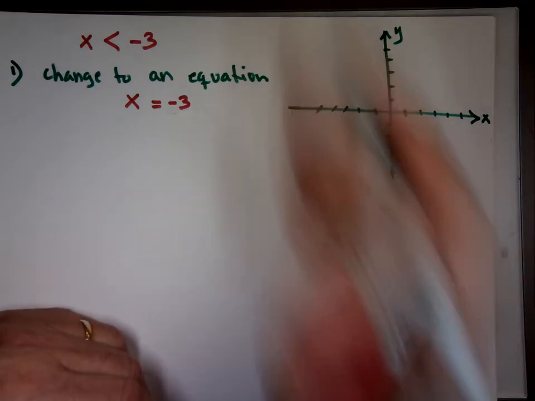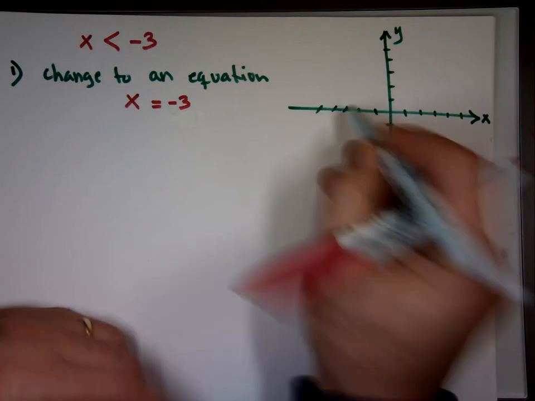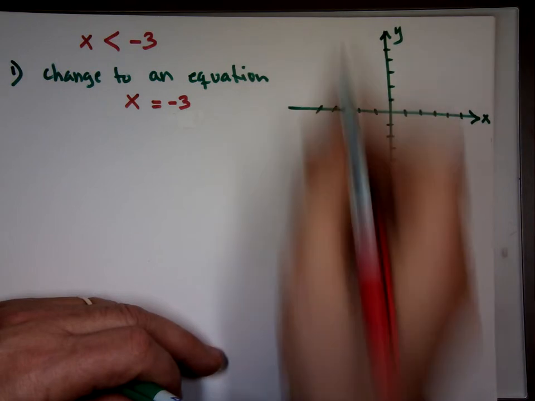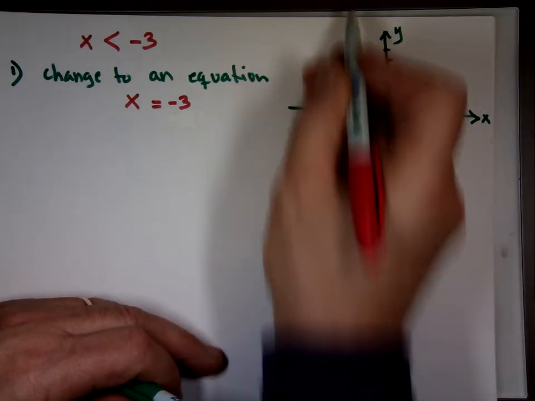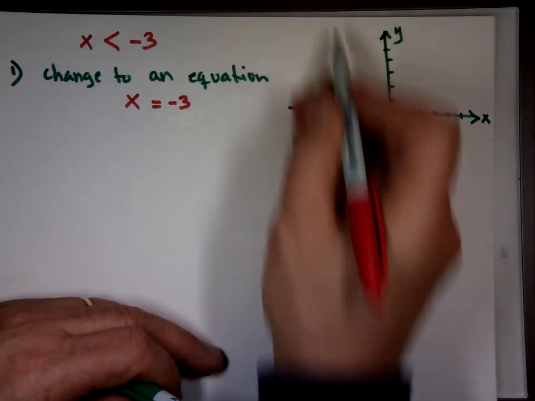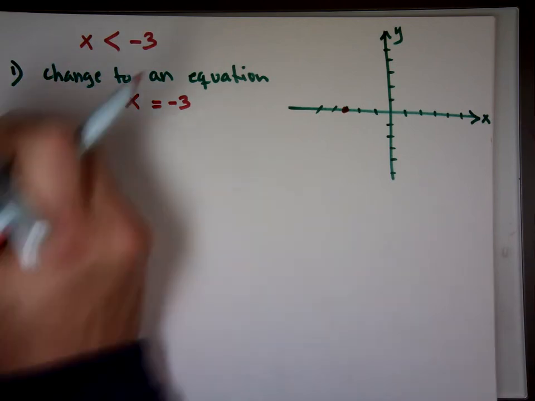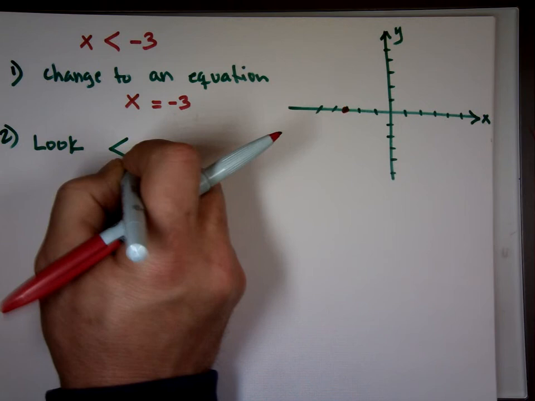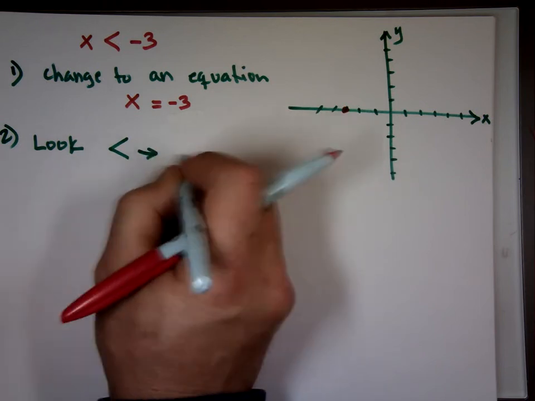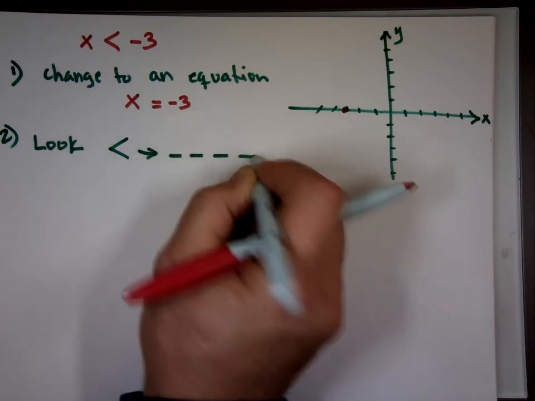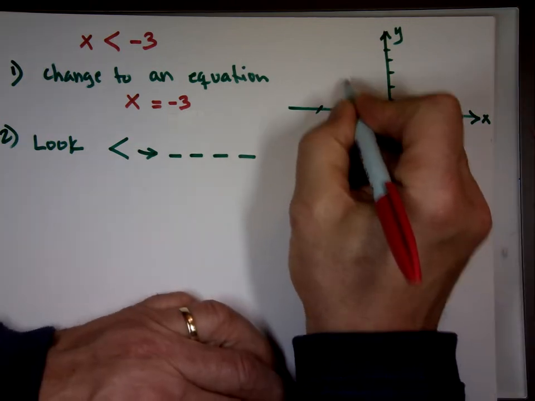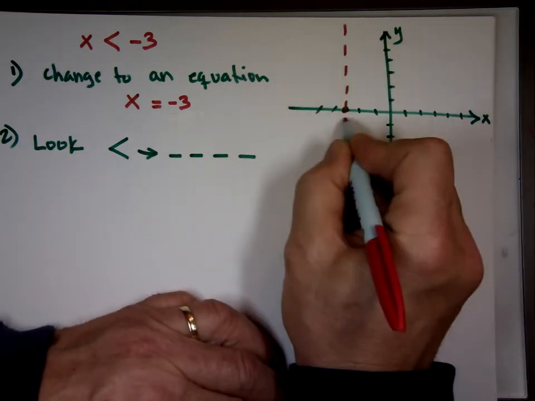So x equals negative 3, that's this point. So it's going to be a line going up and down. Is that line going to be a dotted line or a solid line? The problem has less than. Less than tells me that's a dotted line. So x equals negative 3, I'm going to connect it with a dotted line.